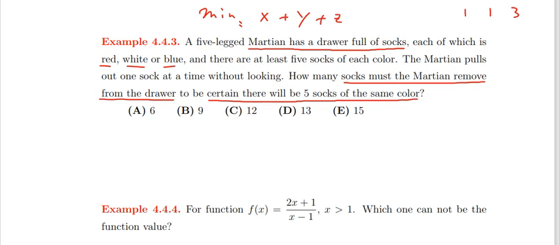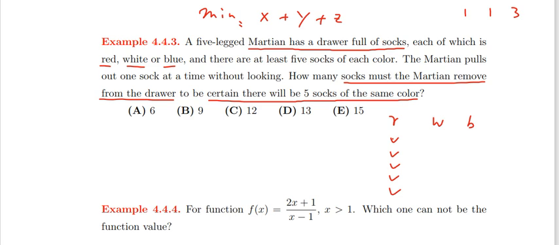We check the best case and the worst case. The best case is if we pick up 5 and all 5 are red, so we get 5 socks of the same color.